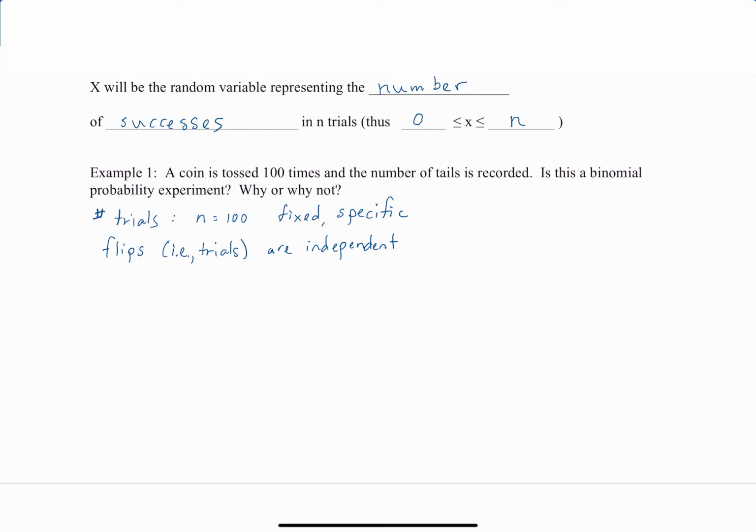Next, each trial needs to have two mutually exclusive outcomes. No more than two, no less than two. Well, in a trial of flipping the coin, yeah, there's two outcomes, heads or tails.